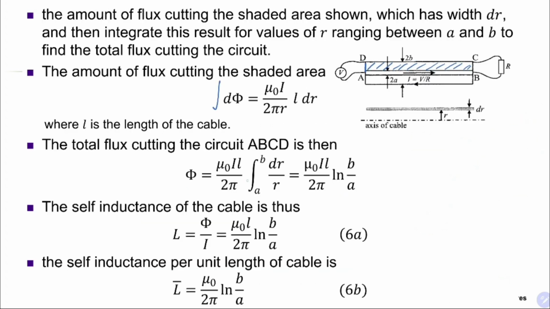So our flux linkage here is mu naught I times L over 2 pi, integrated from A to B dr over r.